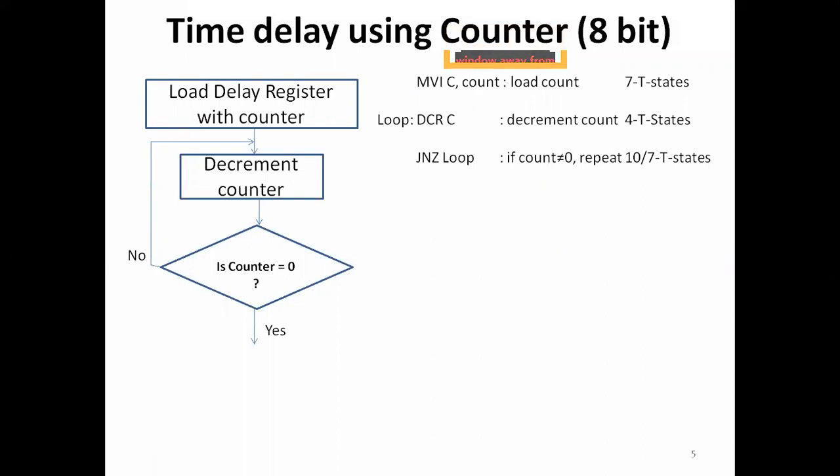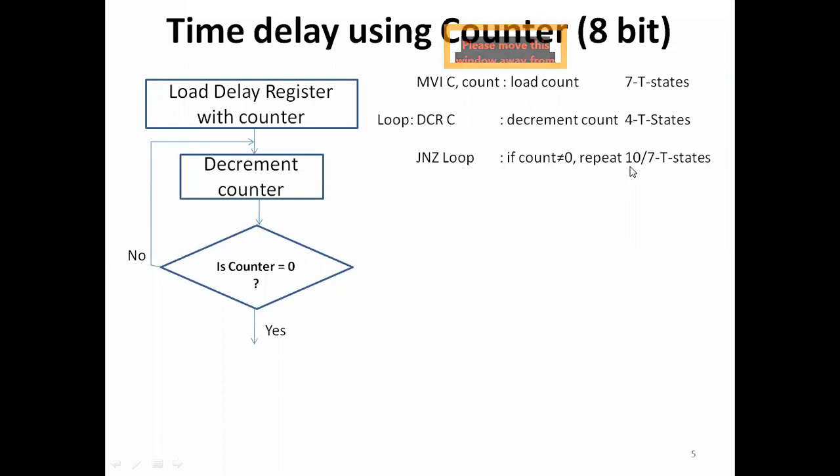Then we are decrementing the counter, that is, decrementing C, and it will take 4T states because it is an opcode fetch operation. The third one is jump on no zero, loop: if count is not equal to 0, repeat. It takes 10T/7T states. It takes 10T states whenever the condition is satisfied, meaning whenever it is jumping back.